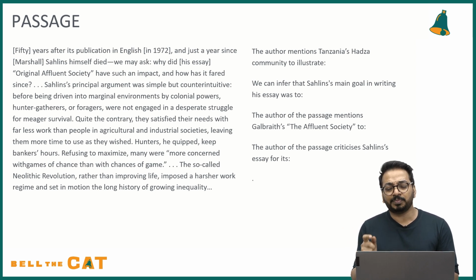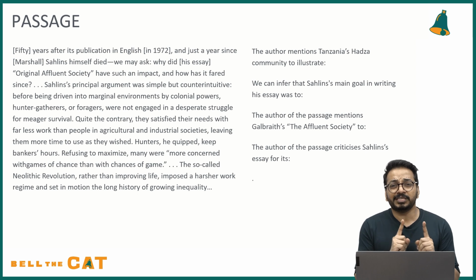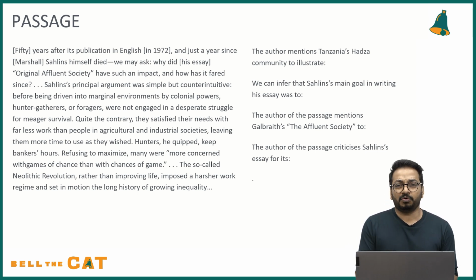The author of the passage mentions Galbraith's affluent society too. Galbraith has not been mentioned anywhere in this first paragraph, so we cannot answer. The author of the passage criticizes Sahlins' essay. So far in the first paragraph, there is no criticism. So based on the first paragraph, is there any question to answer? No. So what do I do? I go into the next paragraph.